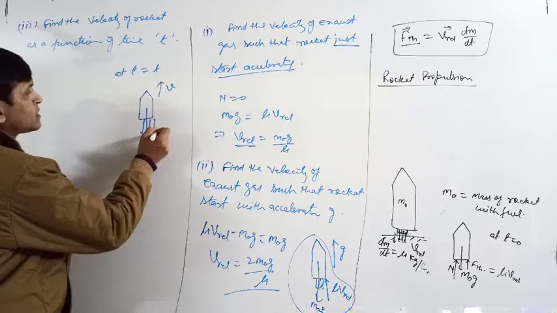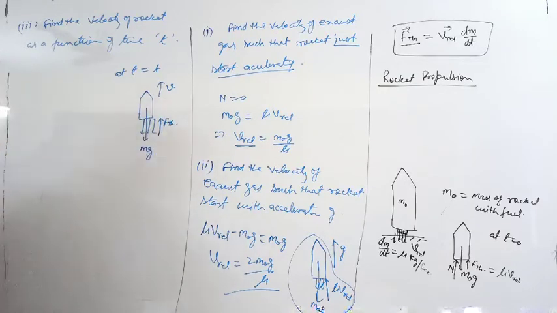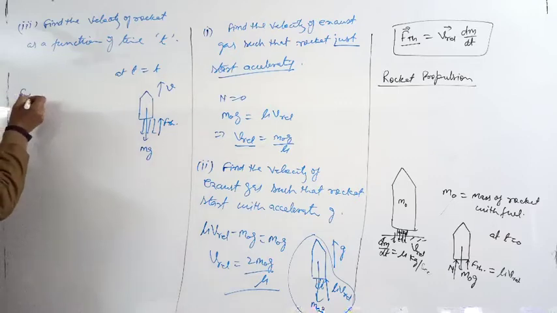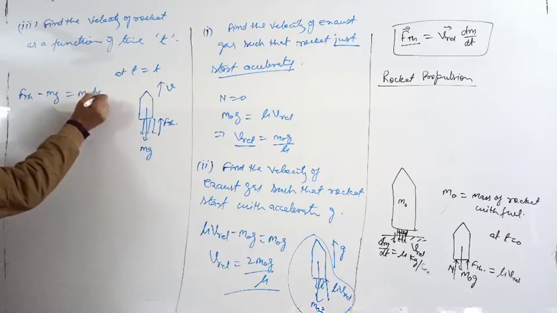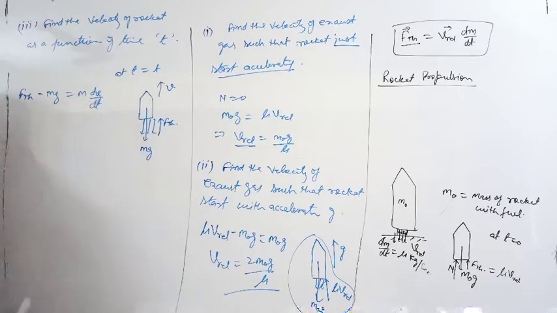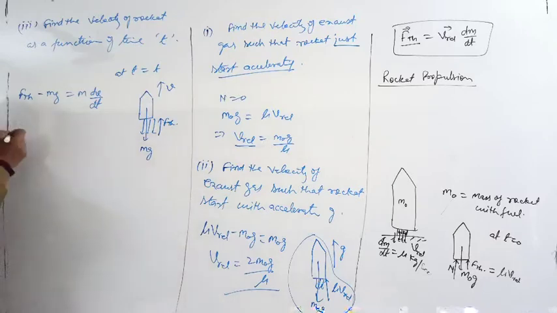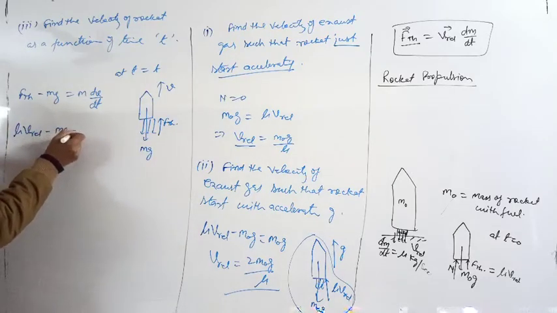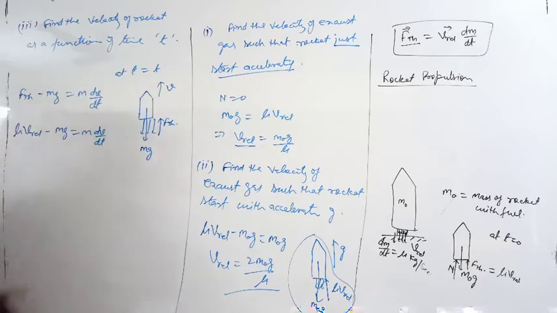The upward force is the thrust force, F thrust. Now the equation: thrust force minus mg is equal to m dv by dt. Now you can write the value of the thrust force here. So F thrust is mu into V relative, minus mg, equal to m dv by dt.